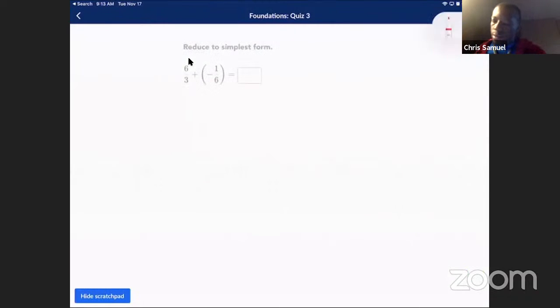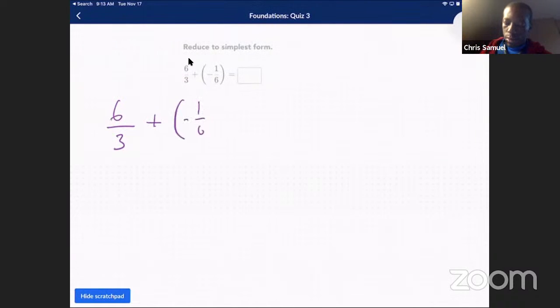Next one we have here. So we have 6/3 plus negative 1/6. Because we have our order of operations formula, and inside our parentheses we only have one variable.